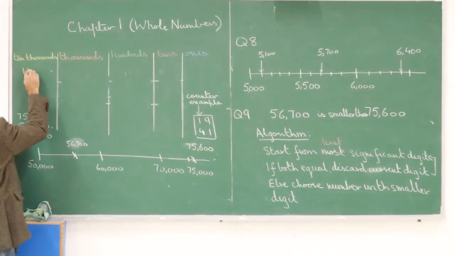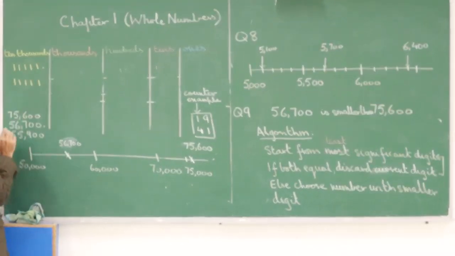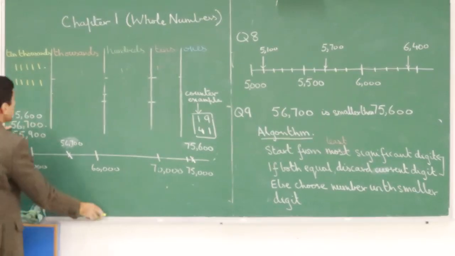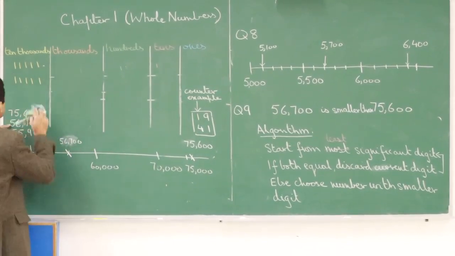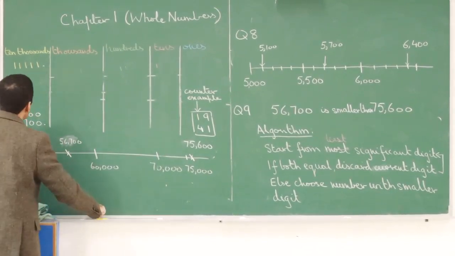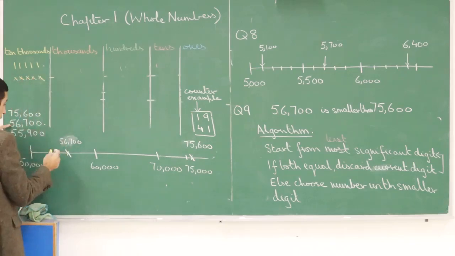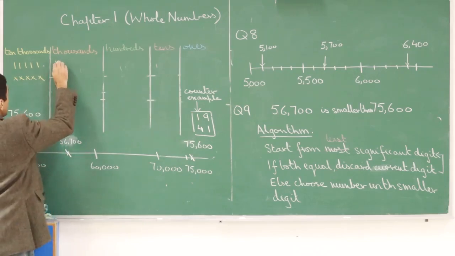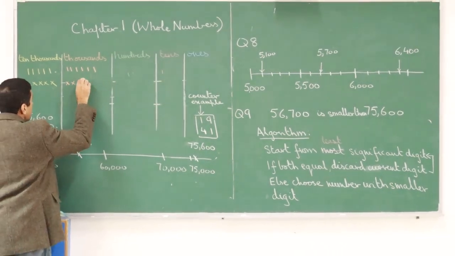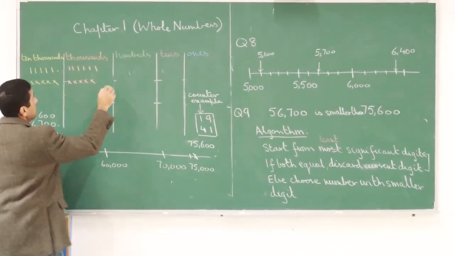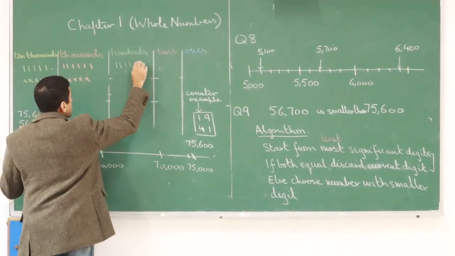So this is 50, this is also 50, right? Both are 50. This one is going to be 6. Maybe I should use different symbols for it. So maybe I should use 50. Then you have 6, 1, 2, 3, 4, 5, 6, 55, 1, 2, 3, 4, 5. This is 55,000. This is 700. So this is going to be 700. 1, 2, 3, 4, 5, 6, 7.